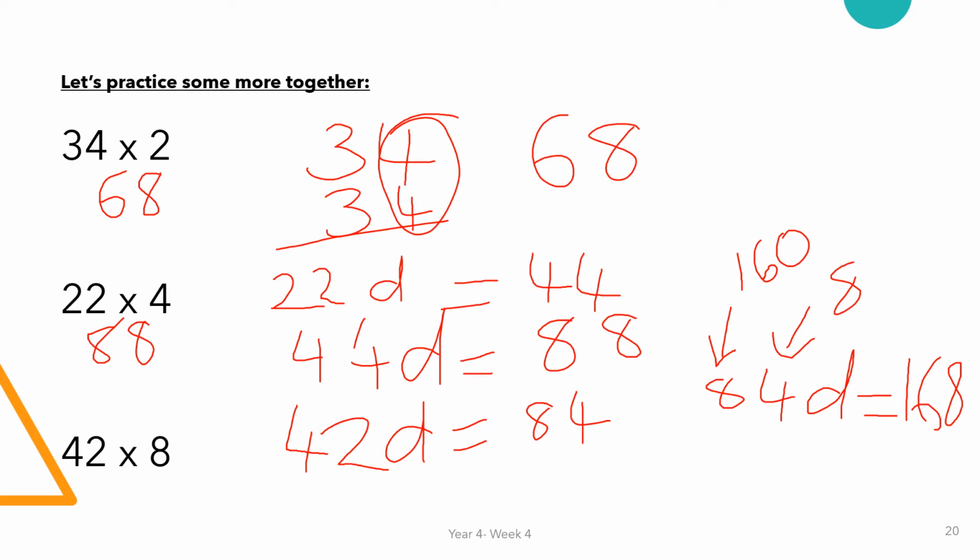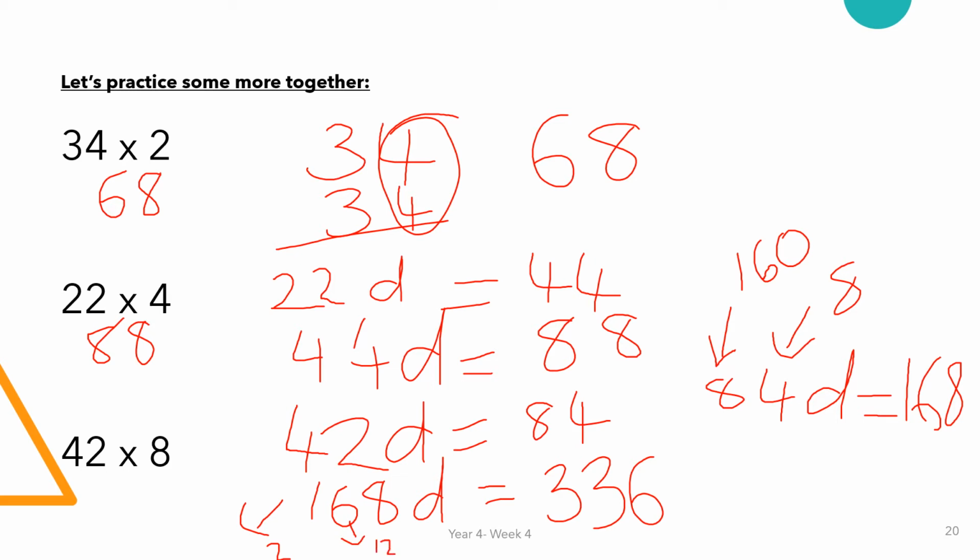Then we have 168 doubled, which would be 336. And the way I've gotten this, so this part's gotten a bit tricky. We double 1, which is 2, double 6, which is 120. Oh, sorry, I forgot to explain this. 6 is actually 60 because it's in the tens column.